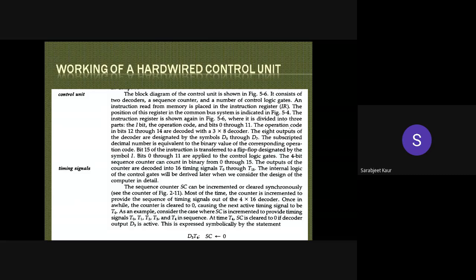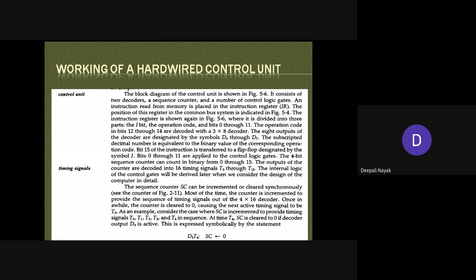Once in a while, the counter is cleared to 0, causing the next active timing signal to be T0. As an example, consider the case where SC, the sequence counter, is incremented to provide timing signals T0, T1, T2, T3, and T4 in sequence.